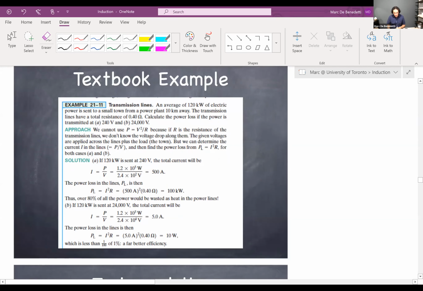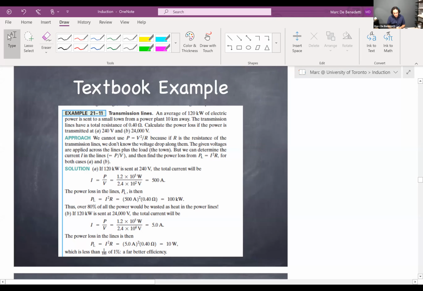Okay, so here's an example from your textbook, or at least the recommended textbook. So example 21-11, so chapter 21, example 11. So the transmission lines. So an average of 120 kilowatts, watts being power, kilowatts of electric power is sent to a small town from a power plant that is 10 kilometers away.